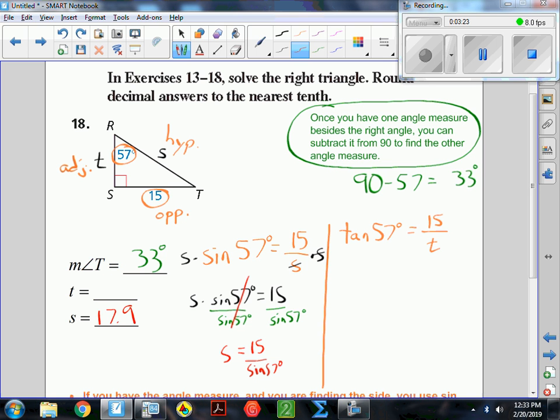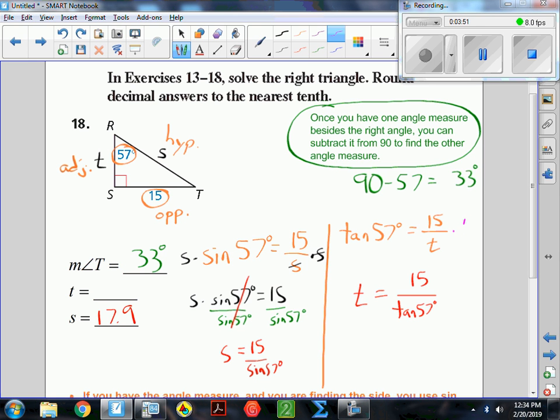So what we saw right there is that when your trig ratio ends with a number divided by the variable, in order to solve that, the very last thing I did was the number 15 divided by the trig ratio. So that means for this problem on the right, T is going to equal 15 divided by tangent 57. And I can type that in. Reminder where that's coming from.